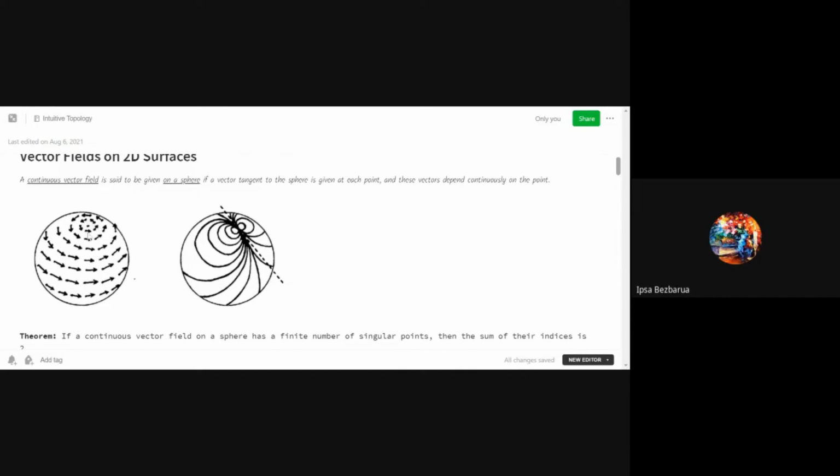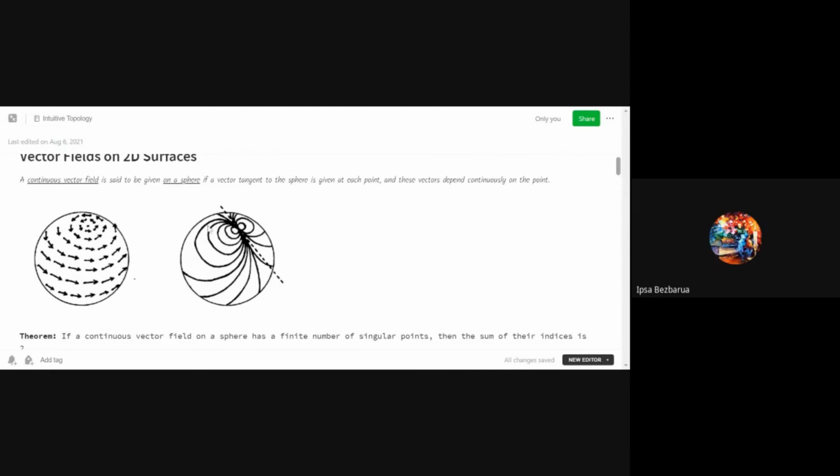This is one rotation, and likewise for the other one. It's not visible here because it's a 3D figure and this is a 2D plane. Anyway, the sum of the indices for the two singular points is going to be 2.